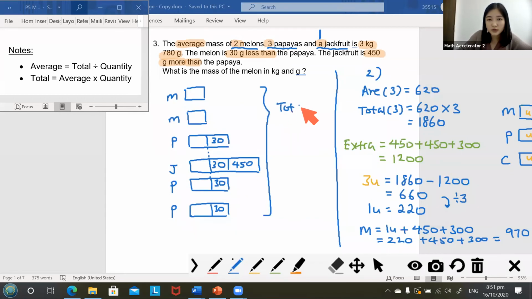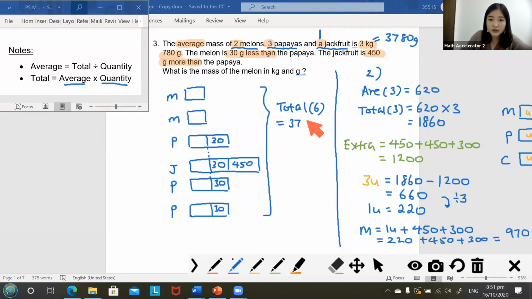So what's your total here? How many items do you have? 3 plus 2 plus 1. You have a total of 6 items. Yes. So take your average. You want to find total. Average times quantity. Average is 3 kg 780 grams, which is the same as 3780 grams.